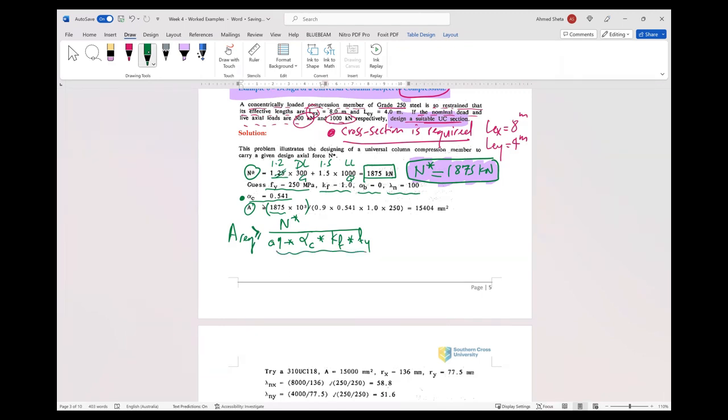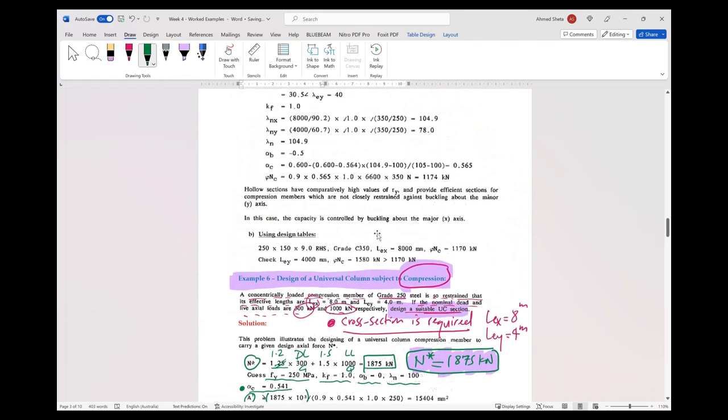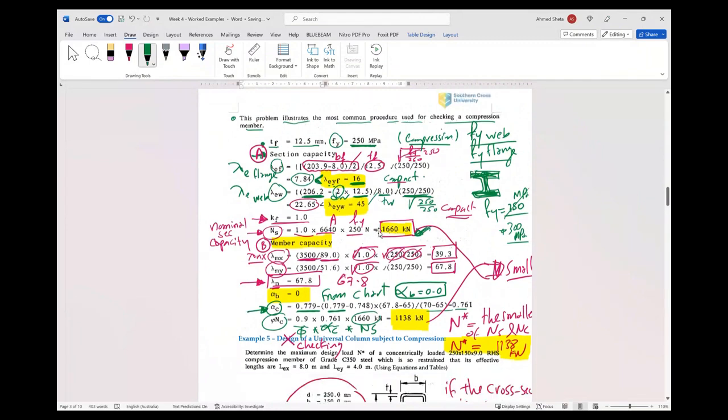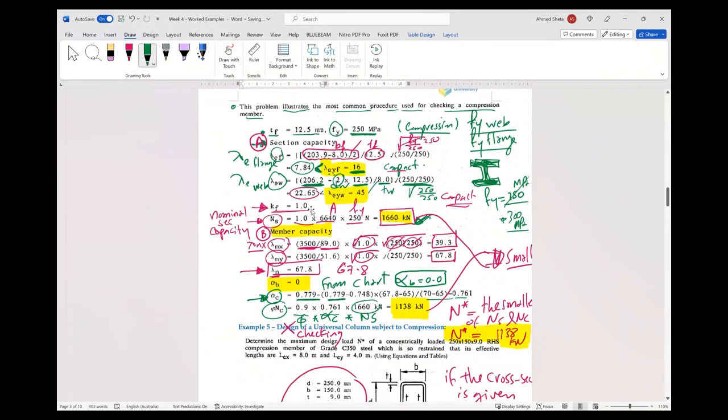And as you can see, do you remember what this value is from the previous example? You know that from the table? Yes, if we go back to the previous example, what was the formula for the member capacity? Phi NC.